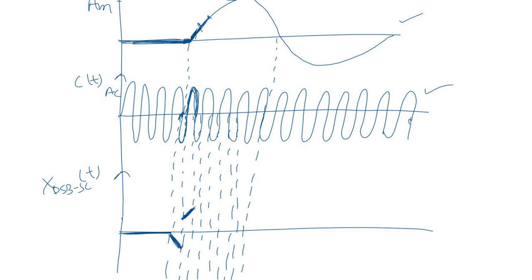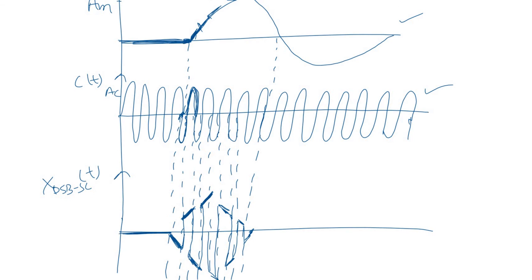For the negative cycle, the output will be minus m(t), so we take the reverse of that. Next we have the positive cycle, so it will be plus m(t), then minus m(t), then plus m(t), then minus m(t), and so on.